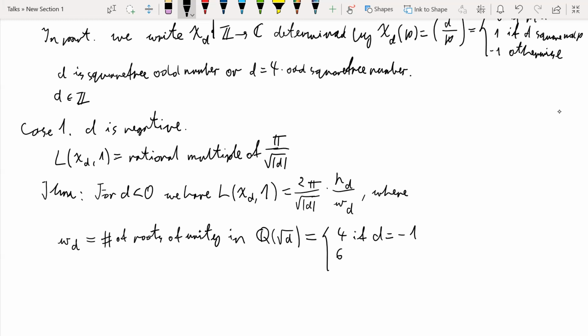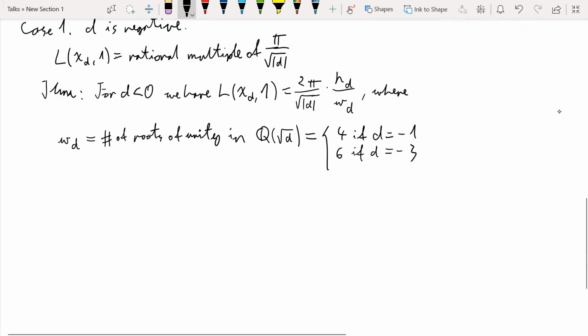It is going to be equal to 6 if D is equal to -3. There, in Q adjoin root -3, we have the cube roots of unity. And then in all other cases, we have exactly 2 roots of unity, if D is less than -3. So this is a relatively simple, albeit a bit weird quantity.